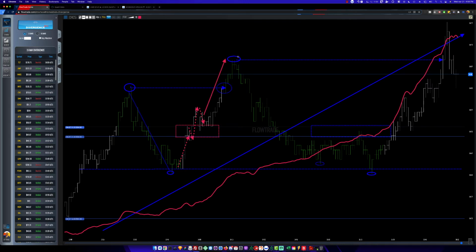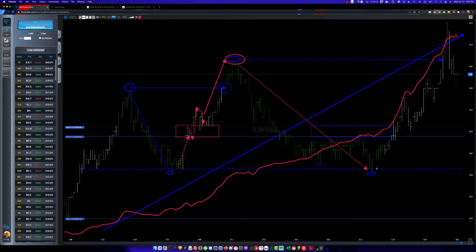Okay, so in this instance here, on this divergence that occurred, we would have entered here where I circled. We would have watched price action come down to where it ultimately found support and reversed.